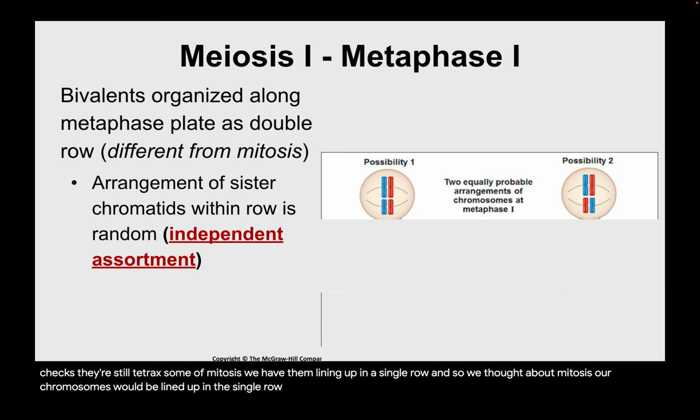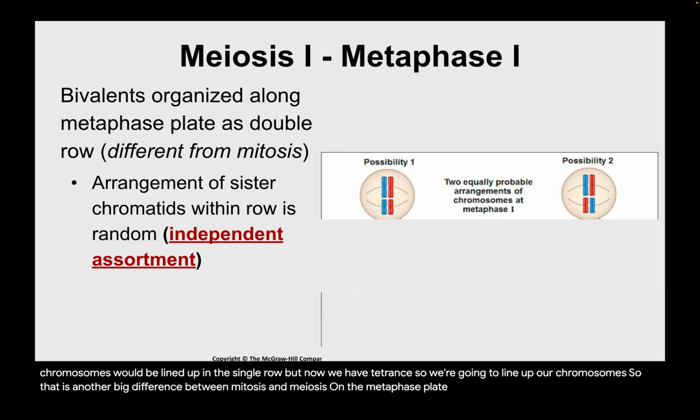But now we have tetrads, so we're going to line up our chromosomes as tetrads on the metaphase plate. So it almost looks like a double row of chromosomes. That is another big difference between mitosis and meiosis 1. So now we have a ring of tetrads on the metaphase plate.